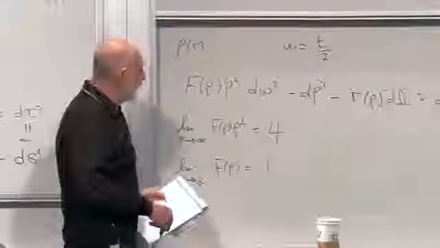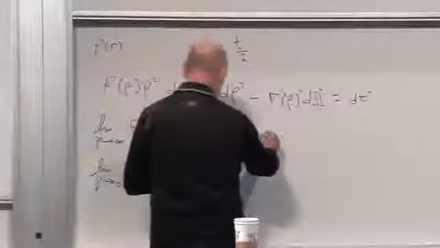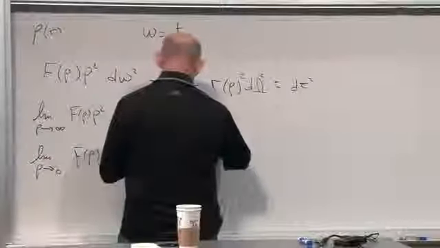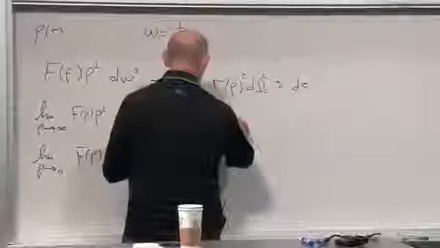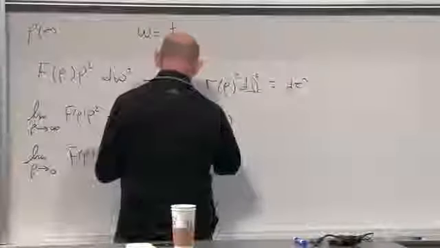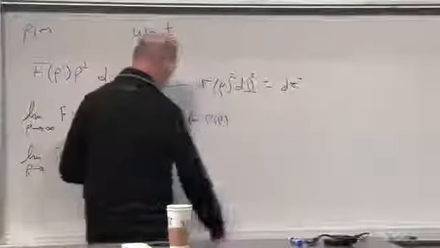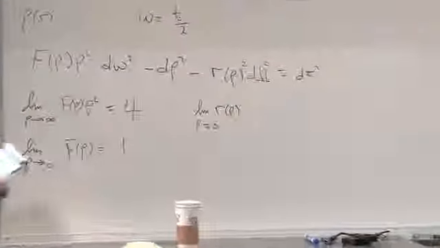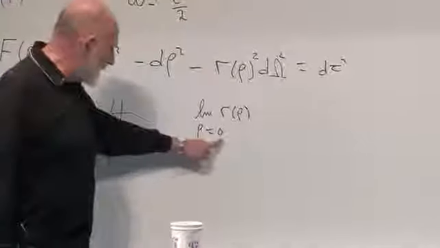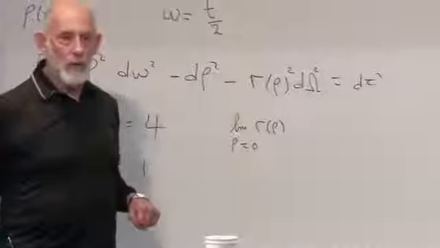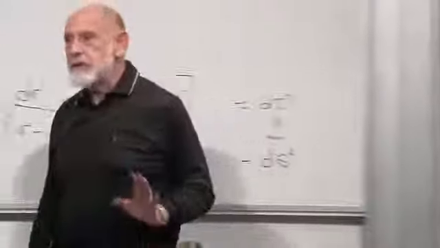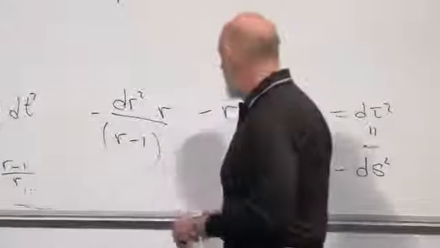Now, a little more. Do we know anything else? Yeah, we know the limit of r of rho near rho equals 0, that we can work out. What is r of rho right at rho equals 0? Rho equals 0 means at the horizon.